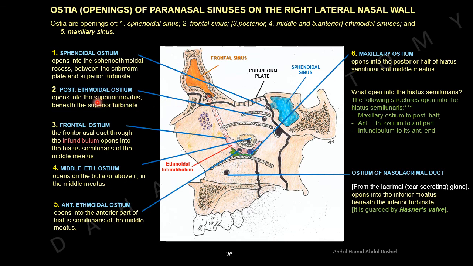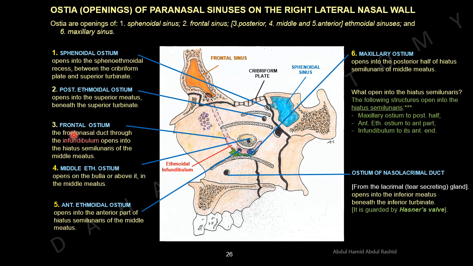Next is posterior ethmoidal ostium, that is opening from the posterior ethmoidal air cells. It opens into the superior meatus. This is the opening of posterior ethmoidal sinus.